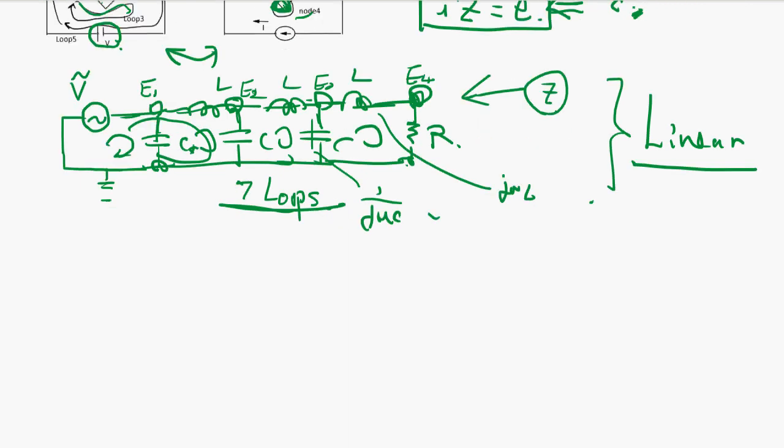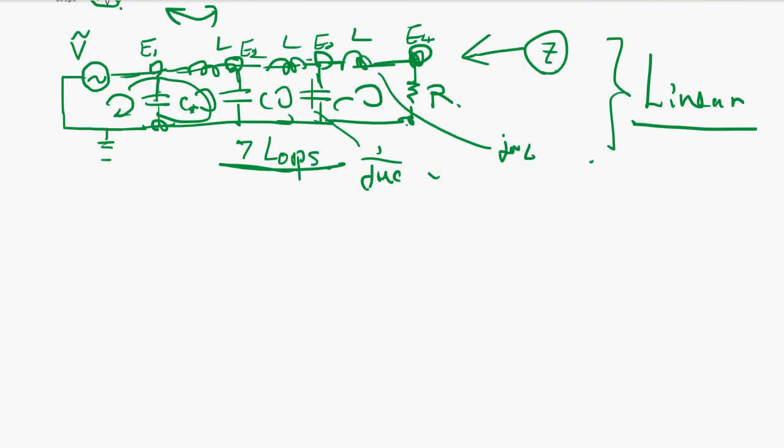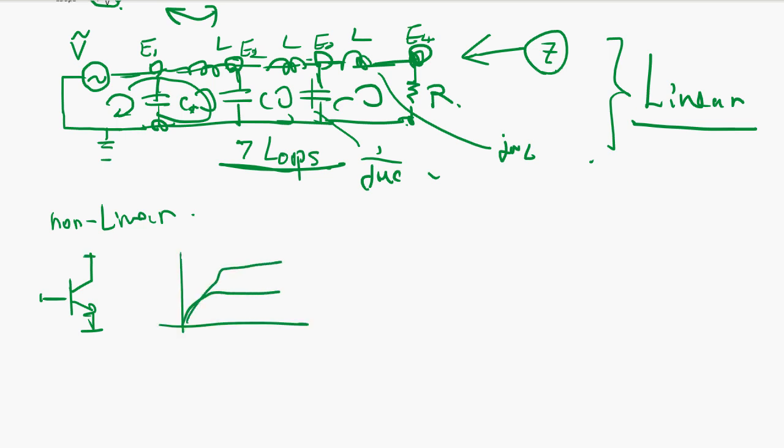Now we have extended that theory into a more complex case, non-linear. For example, a bipolar transistor has a characteristic like that.